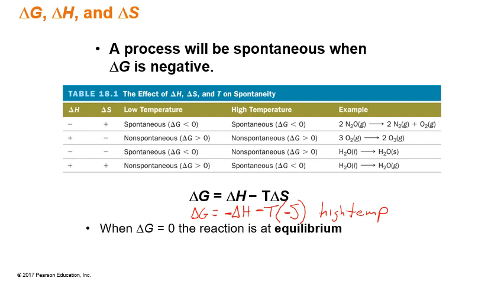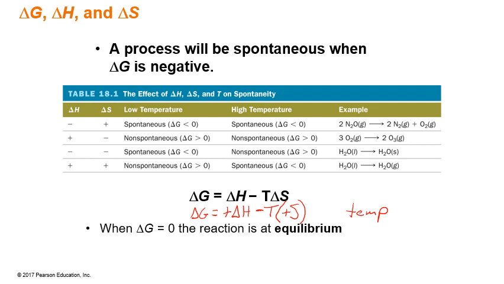Okay. So we've got one more example to look at. What if we have a positive delta H, which means it's endothermic, and a positive entropy change, so it's getting more disordered. And now let's look at our signs.